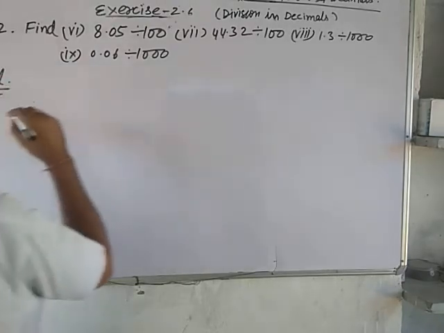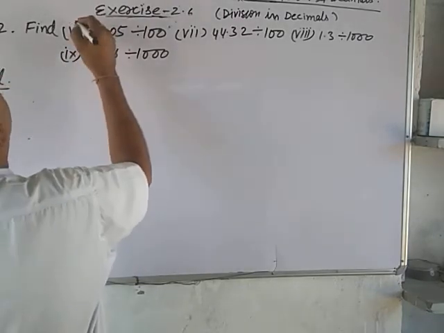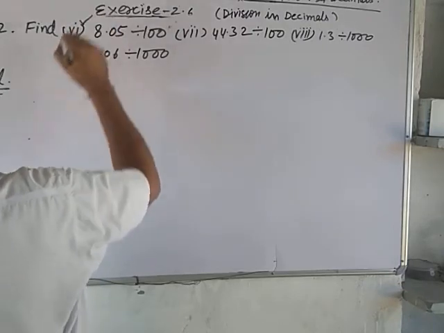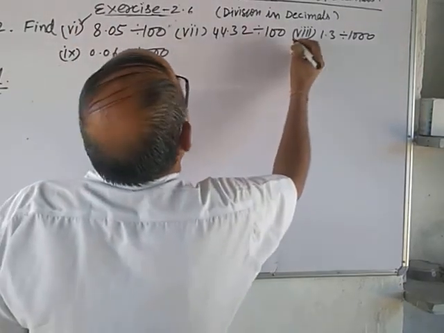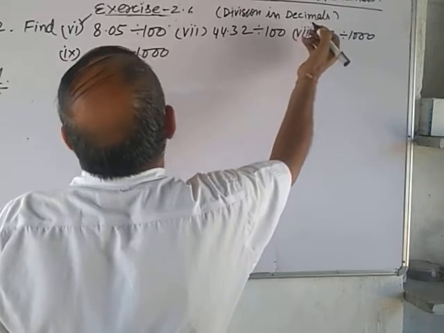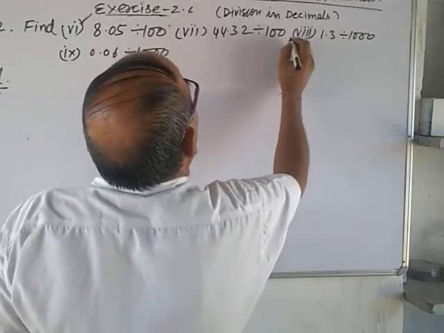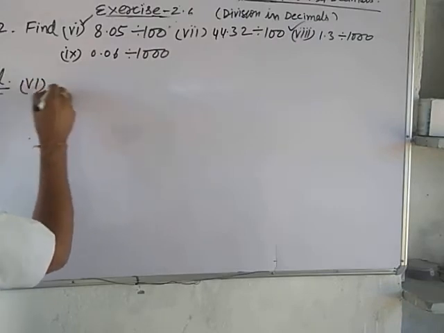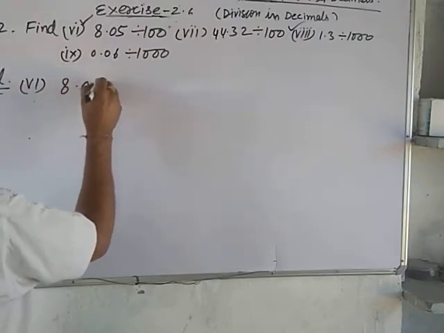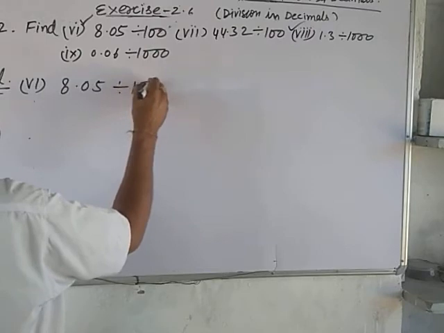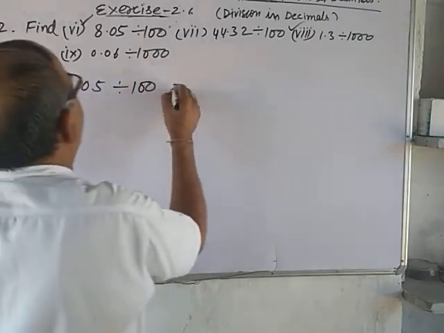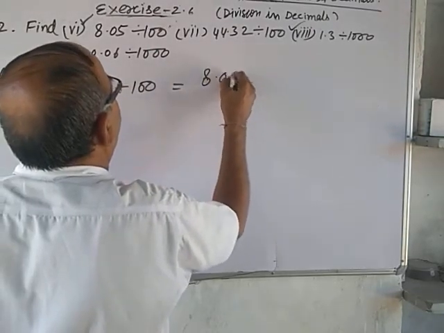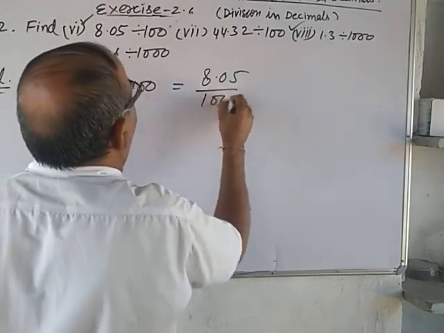Now we want to solve parts 6th and 8th. The part 6th is 8.05 divided by 100. We can write it 8.05 upon 100.